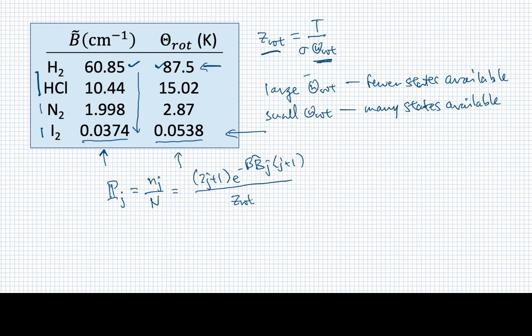But we have a very nice compact expression for z-rot up here, so it's essentially going to be something like 2j plus 1 e to the minus beta B j times j plus 1. And now we're dividing by z-rot, so that means that temperature will be in the numerator, and we'll have sigma times the rotational temperature down here. So this is a formula that you could use to determine, if you want, at a given temperature, what the probability of being in the jth state would be.